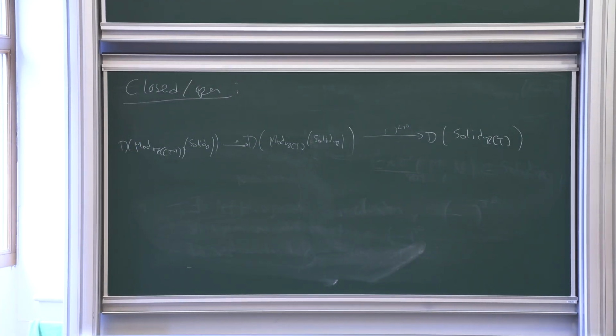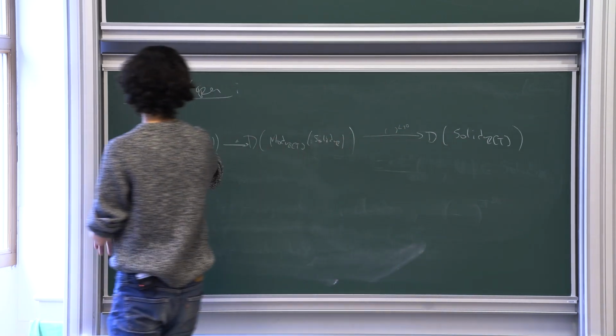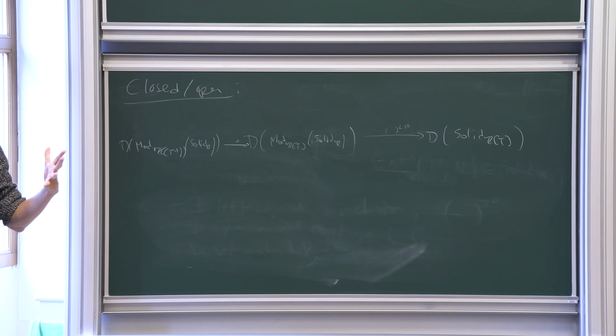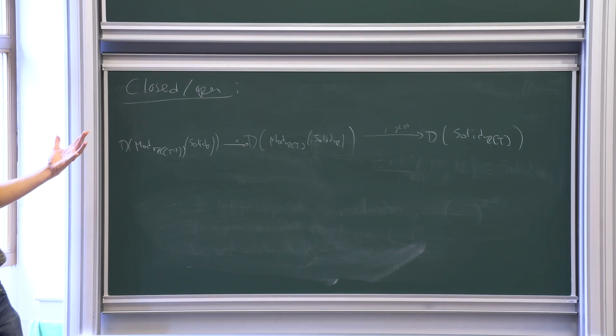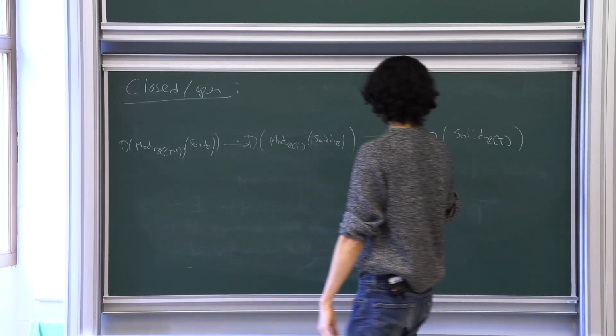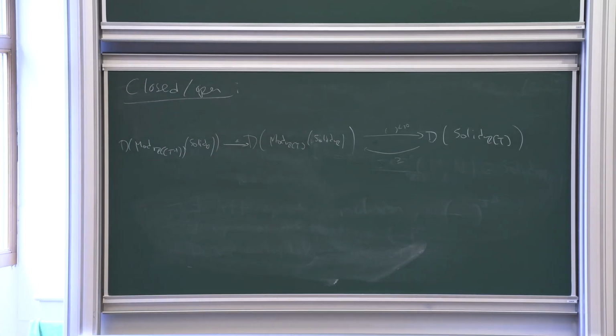So this is actually like a localization sequence or what have you. So this is the symmetric monoidal quotient of this by this thing, which is kind of an ideal in there. And what kind of adjoints do we have? And which of them are well behaved and so on. Well, we know that this one has a right adjoint, which is given by the inclusion. But it also has a left adjoint.